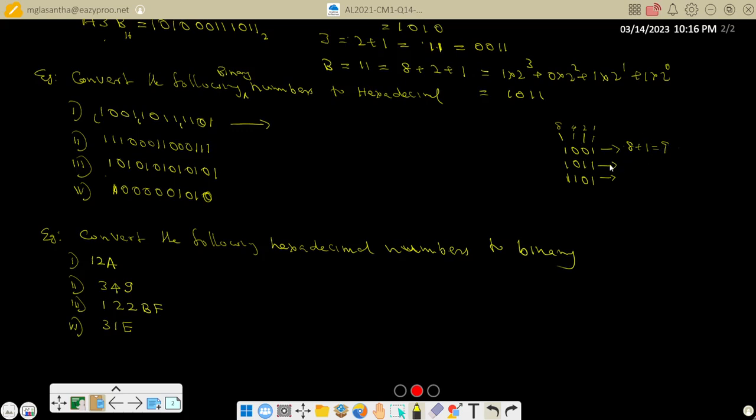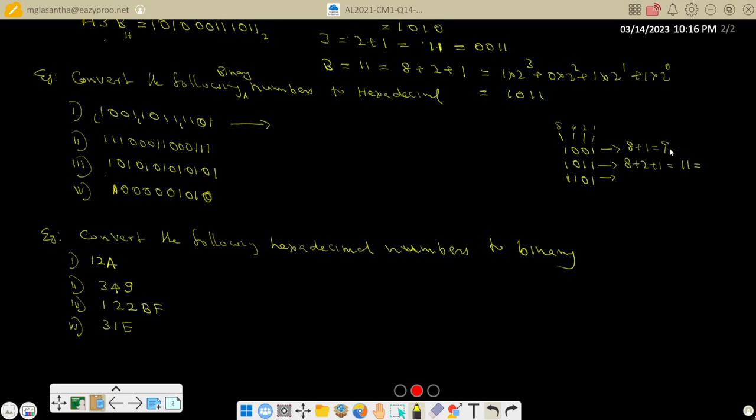Then this one equals 8 plus 2 plus 1. That is 11, right? So what is the hexadecimal equivalent of 11?